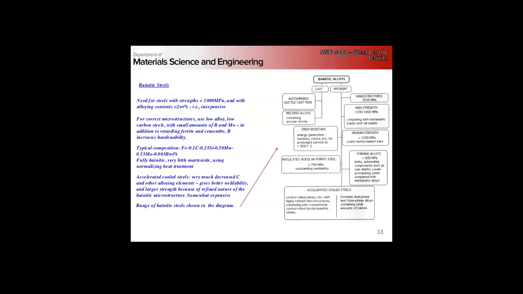If we want to go through, this is basically just sort of like a flow chart of the range of Bainitic steels that you can get, right?